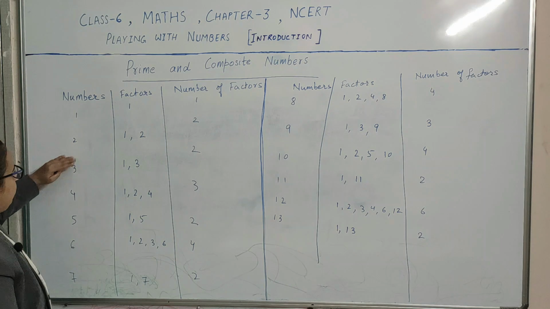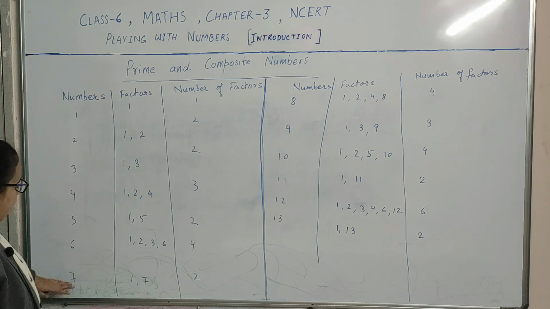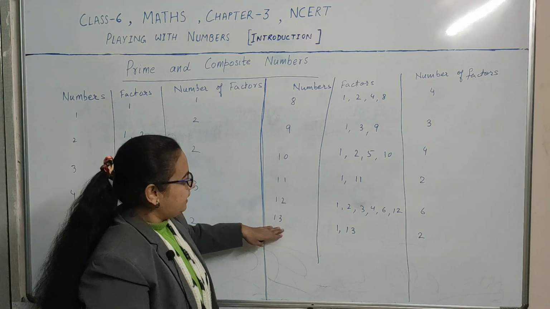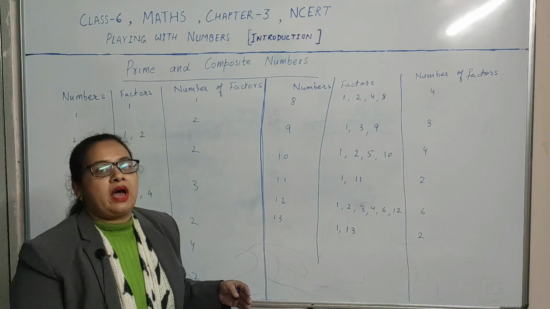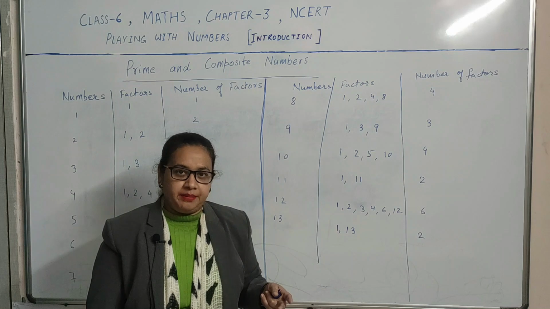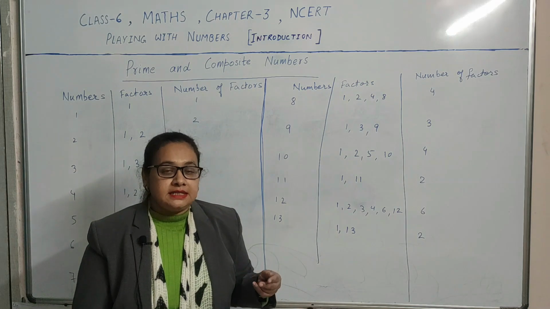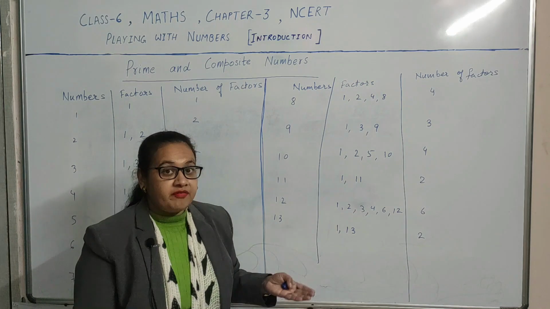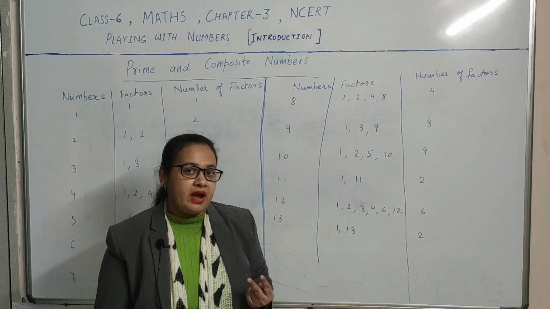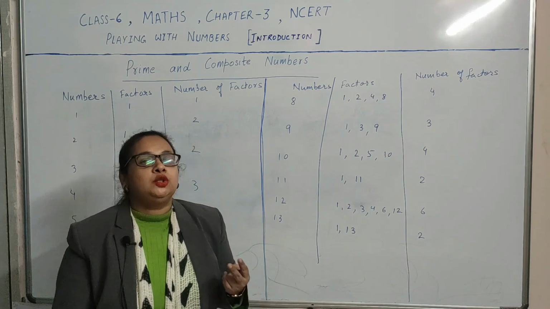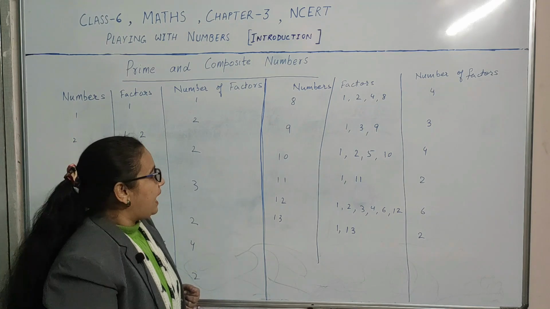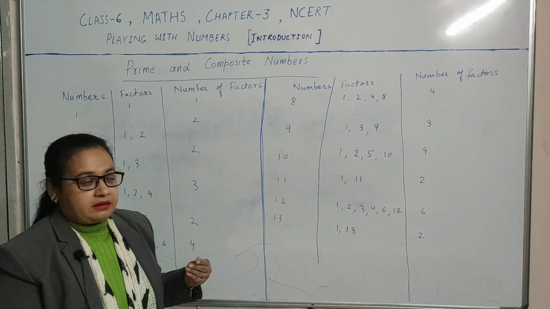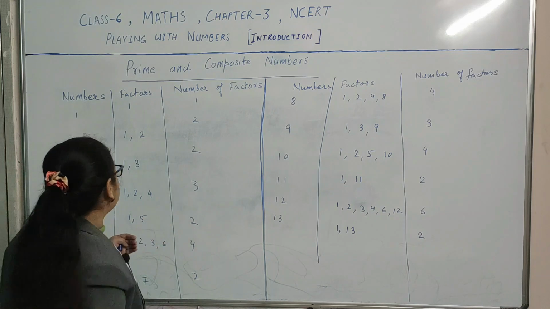The prime numbers are 2, 3, 5, 7, 11 and 13, and there will be more prime numbers. They will also have only 2 factors, 1 and the number itself. So you can easily find out by finding their factors. If a number has only 2 factors, it is a prime number. Those numbers which have more than 2 factors will be composite numbers.